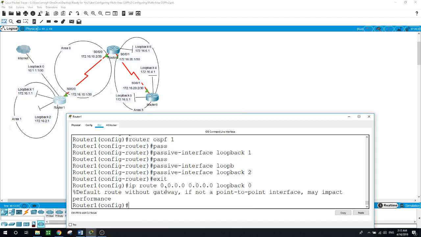Here we will notice that it tells us the default route is without gateway, and the point-to-point interface may impact performance. This is normal if using a loopback interface to simulate a default route.